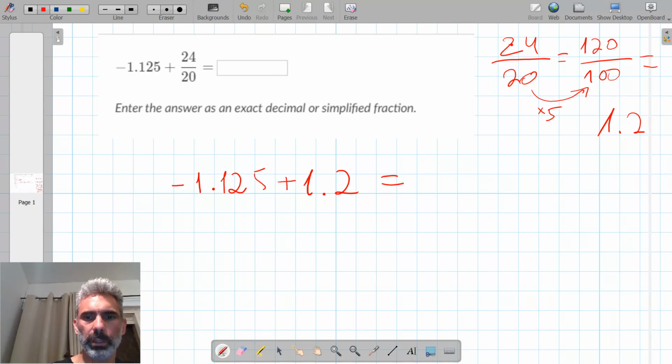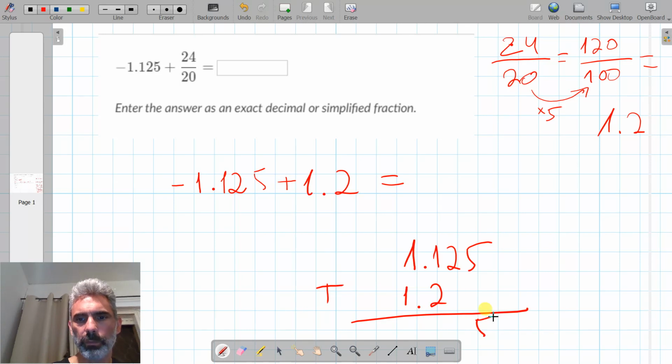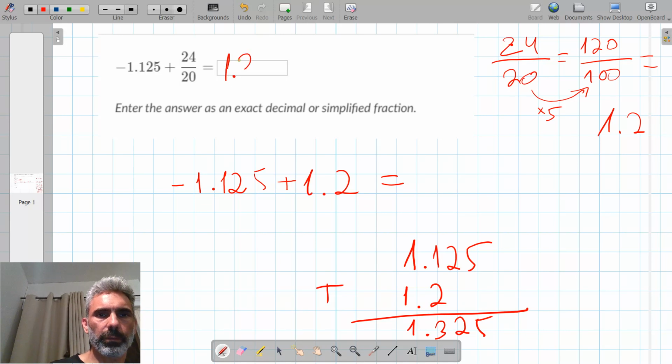So the result is 1.125 plus 1.2. So 5, 2, 3, 1. 1.325.